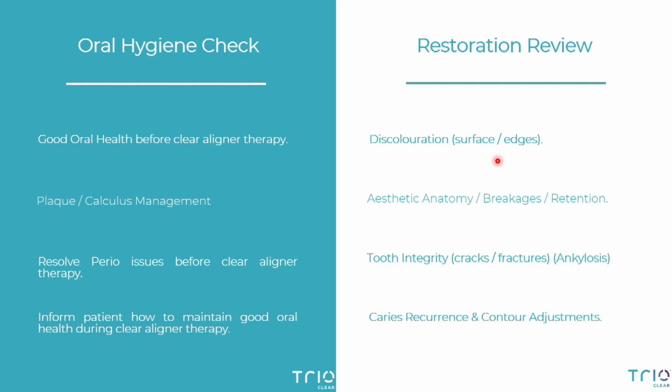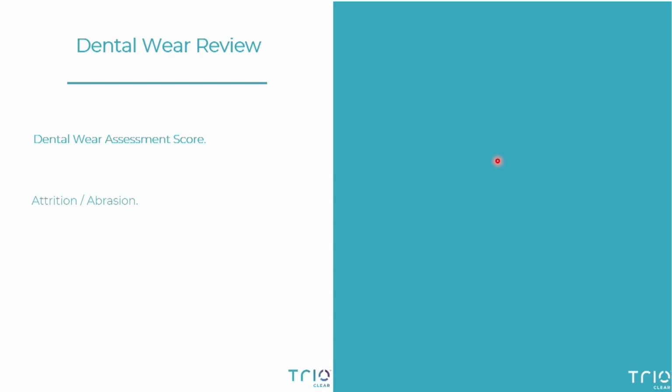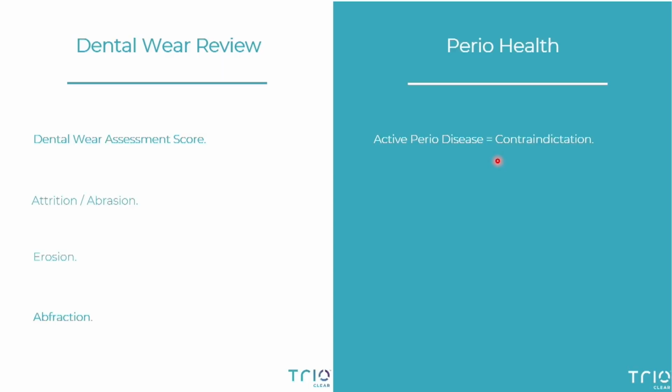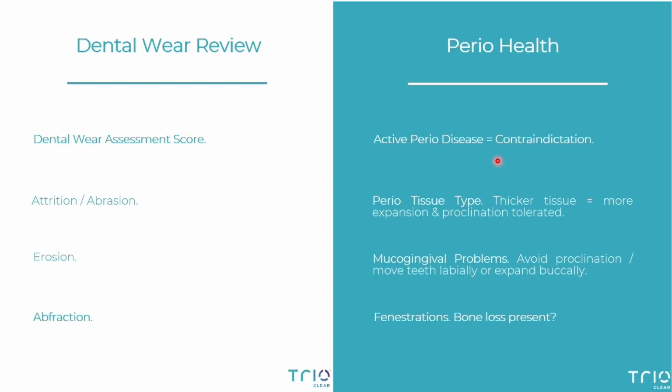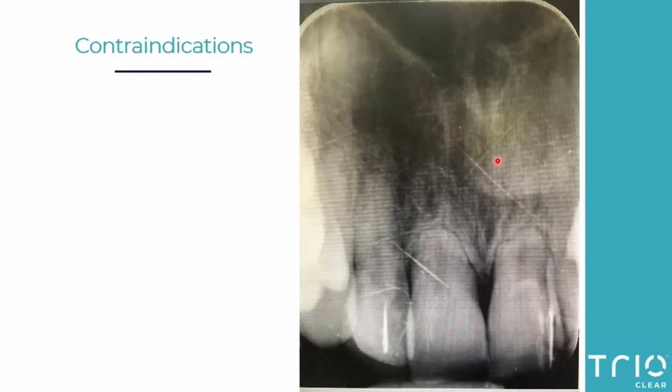All of these issues, if they're there, need to be resolved before you can consider looking at it as a clear aligner case. Dental wear, particularly caries and periodontal health though. And I will show you some cases where it would be quite easy to overlook the periodontal side of things, and then it would become a real problem to you later.